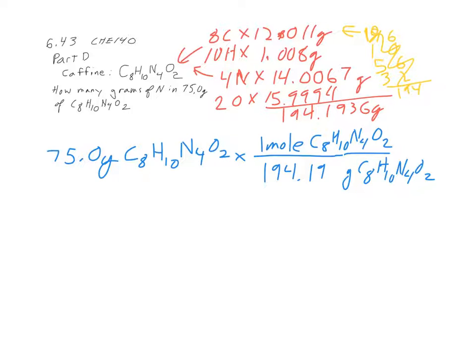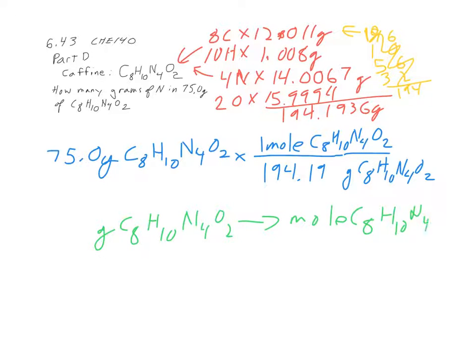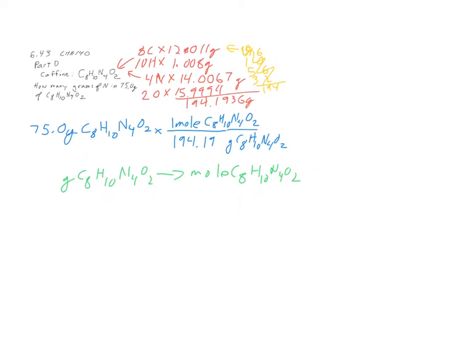So now I've gone from grams of caffeine to moles of caffeine. Well, moles of caffeine is not what they're asking for. They're asking for grams of nitrogen. In order to go from one substance to another, I have to have a molar ratio.